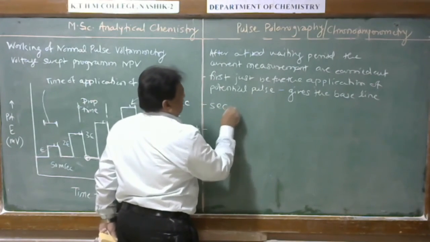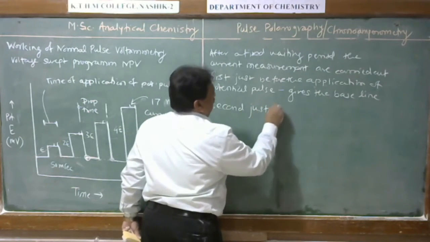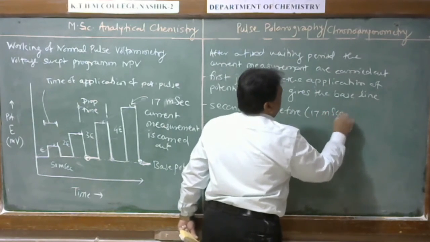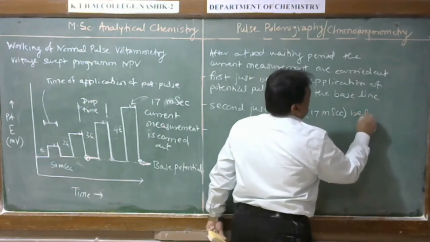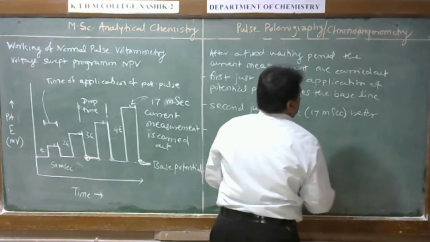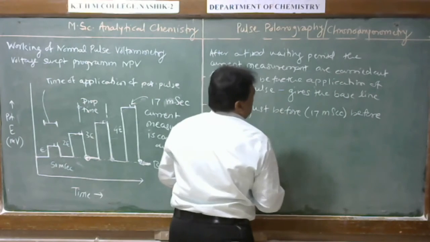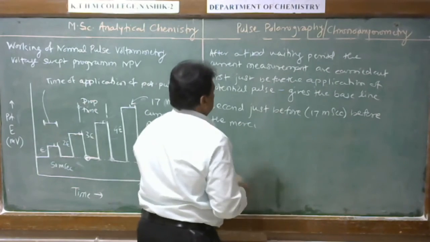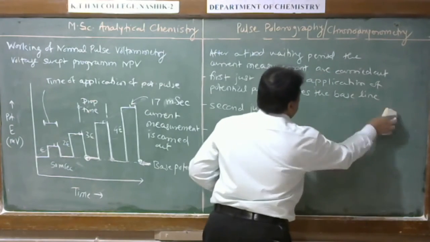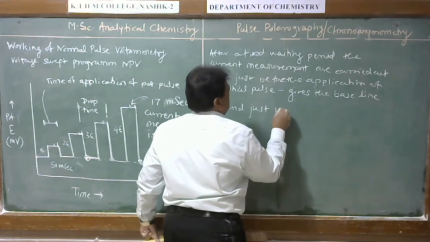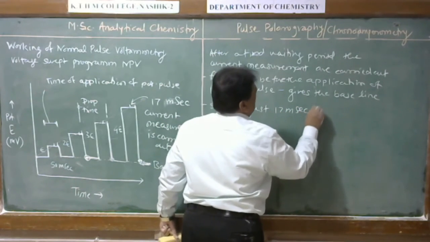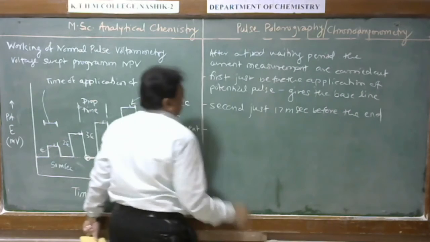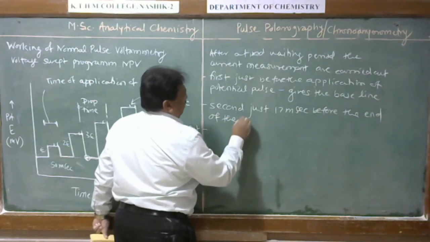and second, just before, that is 17 millisecond before the mercury drop, and the second measurement just 17 millisecond before the end of the potential pulse.